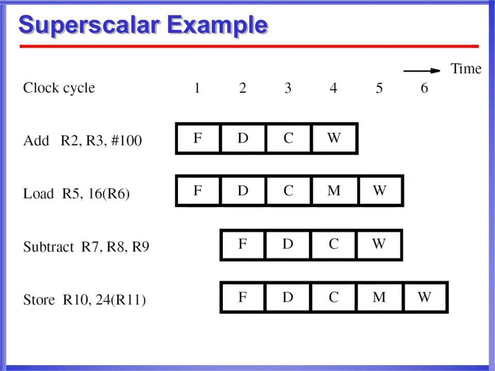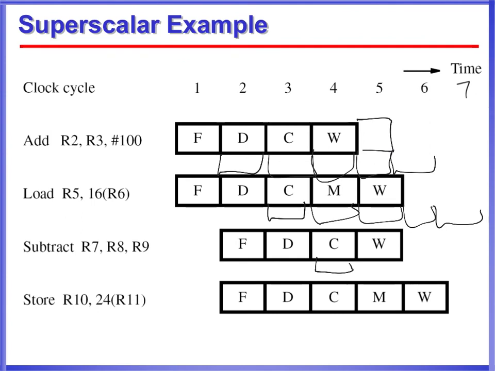Right, if this one goes to 5, our second one gets fetched here, 1, 2, 3, 4, 5. Our third one, the subtract, gets fetched, I'm going to draw it down here, 1, 2, 3, 4, 5. So that's 6, this is 7 now. This one is going to get fetched here, right? So 4 plus 5 is 9, but it should end at 8. We fetch, fetch, fetch, fetch.